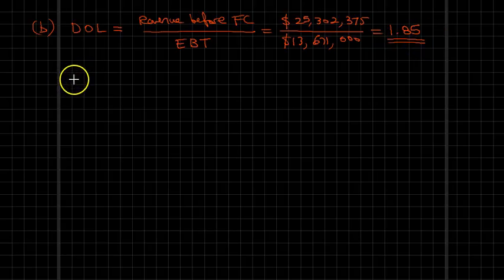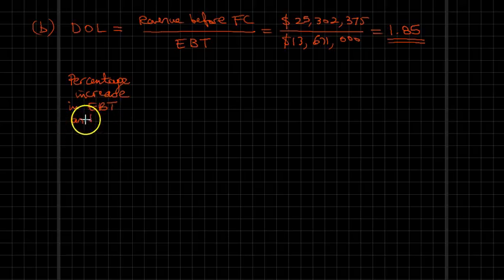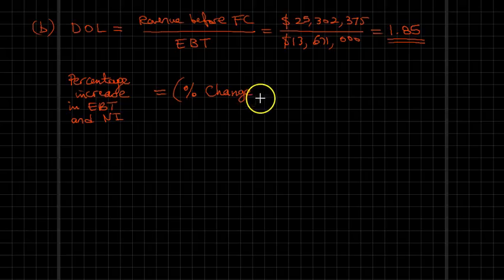Now we can calculate the percentage increase in earnings before taxes and net income, the two would be equal actually, is equal to percentage change in sales, obviously, in sales, times that degree of operating leverage.